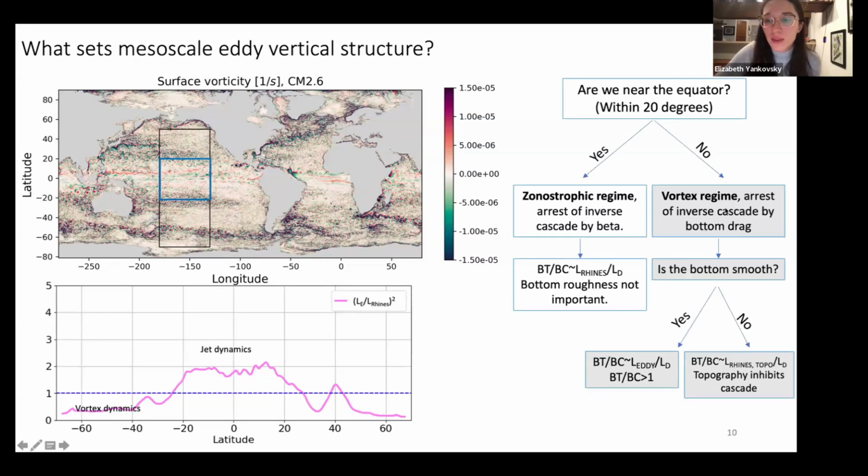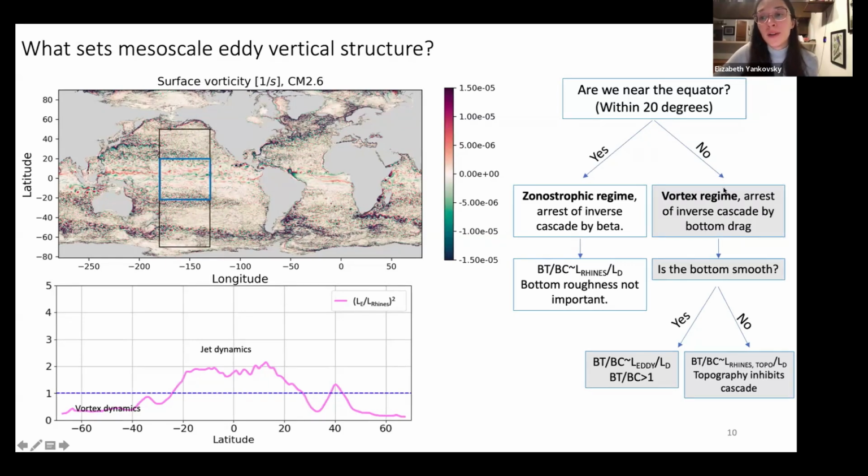Then I came up with this really rough flow chart of how to think about the scaling relationship that applies in each of these regimes. The first question is, are we near the equator? If yes, then we're in the zonostrophic regime, and it's the Rhines scale divided by the deformation scale that is the governing relationship determining the partitioning of energy in the vertical.